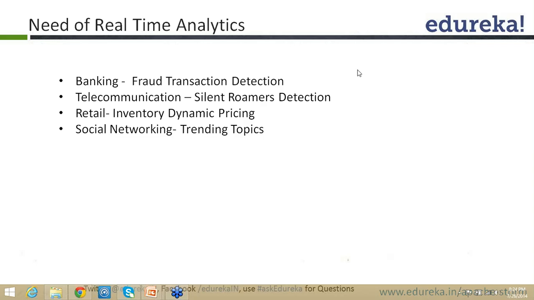You won't believe this, such a small detection results in several millions of dollars of revenue every day. I'm talking at the everyday level, not even at the yearly or monthly level.